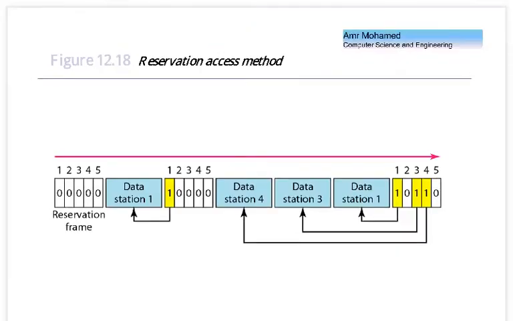In the reservation technique, if we try to explain this in a meeting scenario, we agree in the meeting that every now and then we ask who has something to say. Let's say member 1, member 5, and member 8 raise their hands: I have something to say.